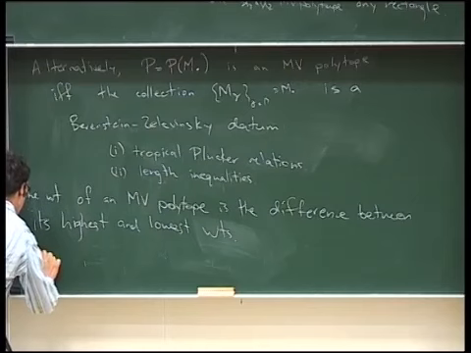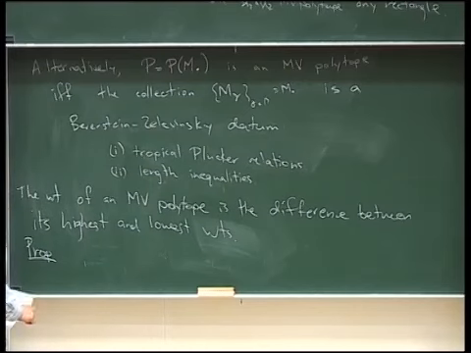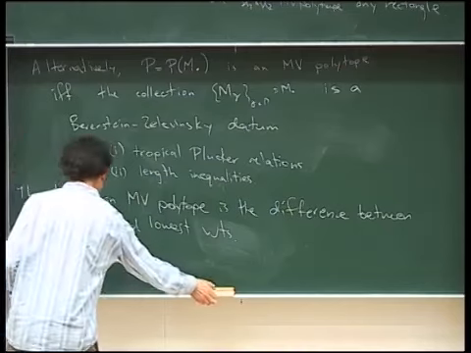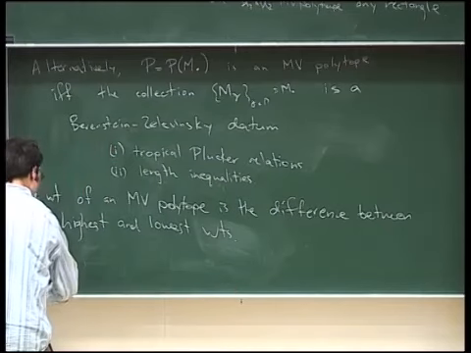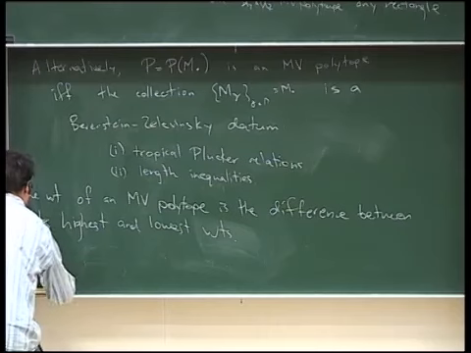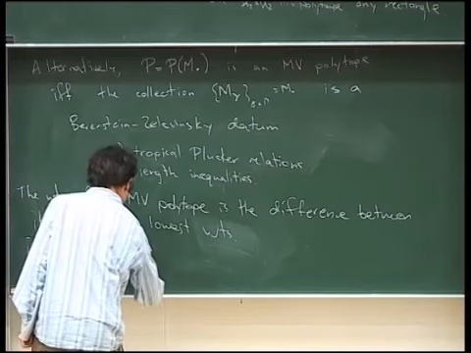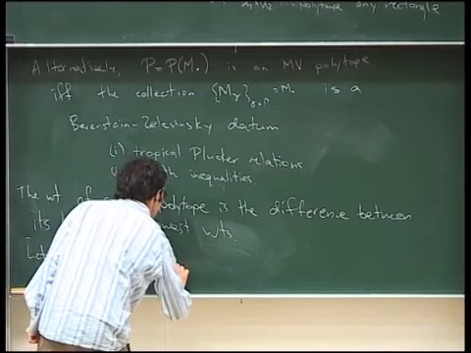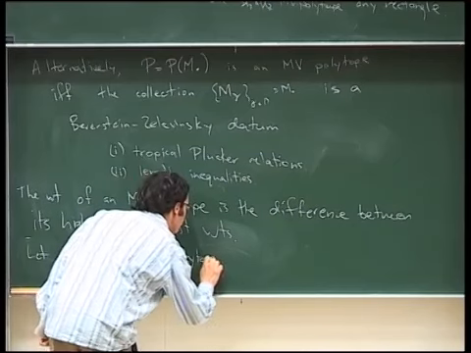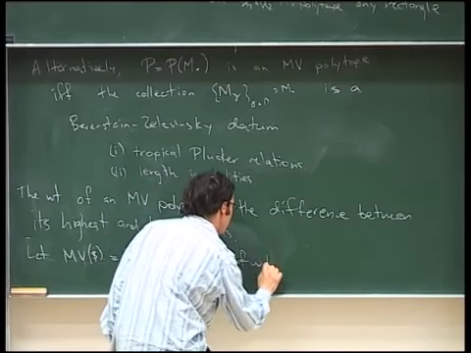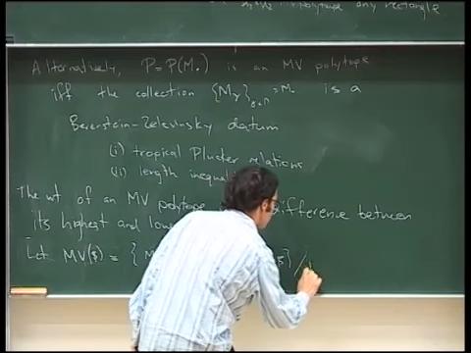Before the proposition, let MV beta be the set of all MV polytopes of weight beta, modulo translation.